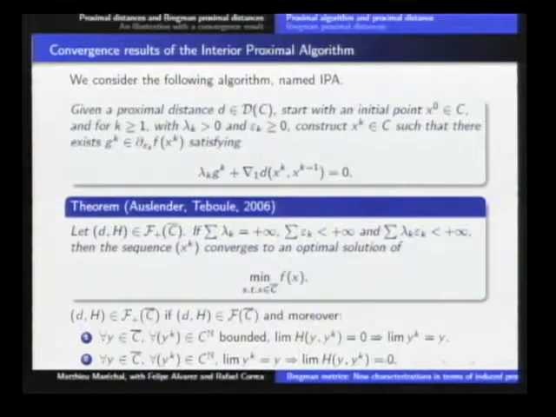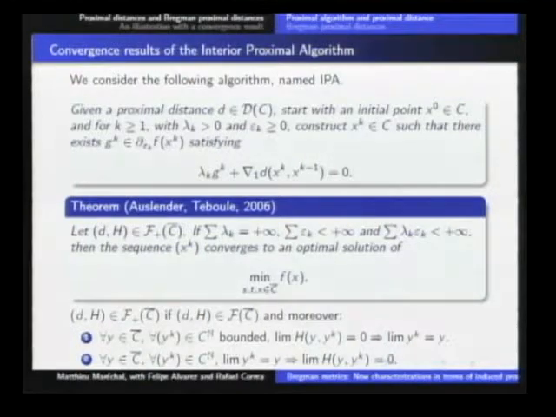They obtain that if the sum of lambda_k is infinite, the sum of epsilon_k is finite, and the sum of lambda_k epsilon_k is also finite, then the sequence x_k generated by the algorithm has a limit, and the limit is an optimal solution of this problem.